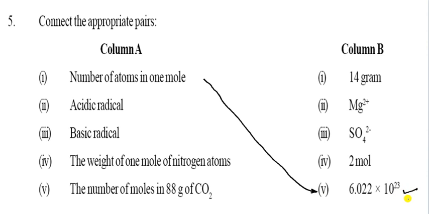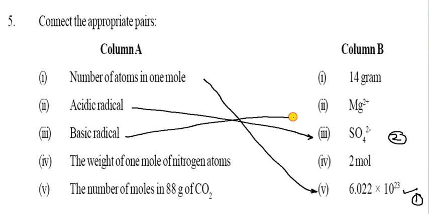It is your first, so you have to write here first one. Now acid radical, that means it is negative charge. So it is second number. Now basic radical is always positive, so that one is the third.